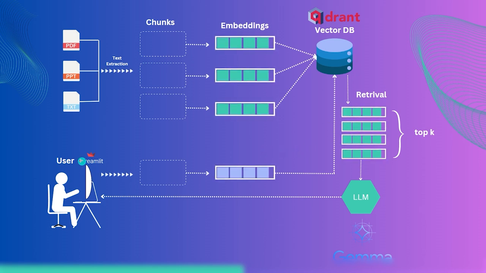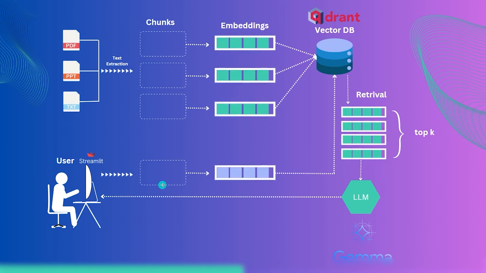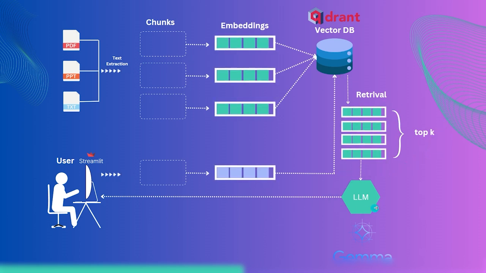And from the user perspective, you will have this pipeline where the user is using the Streamlit app and asking a question, as you have already seen in the demo, right? So you ask any question, and that question will also get converted into chunks and then embeddings, and then the retrieval part comes into the picture where we have a similarity search and the top K similar chunks get fetched and go to the LLM.